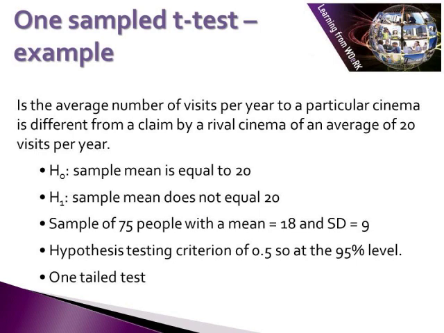Our sample of 75 people generates a mean of 18 and a standard deviation of 9. We set a hypothesis testing criterion of 0.05, so that's at the 95% level. We use a one-tailed test, as the equation denotes, that either the sample mean does or does not equal the population mean.